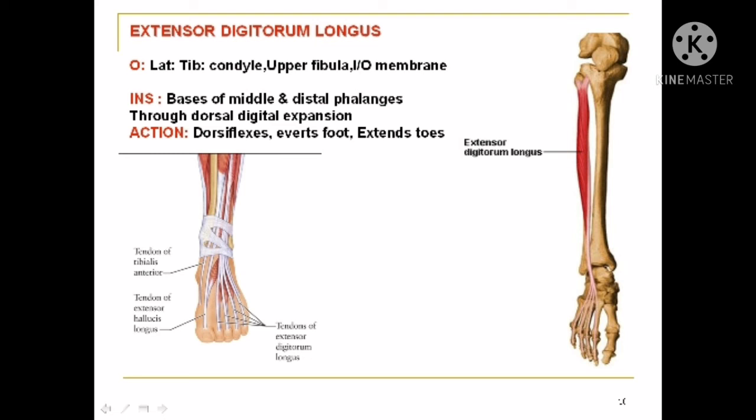It inserts upon the bases of the middle and distal phalanges after passing beneath the extensor retinaculum as is shown in the diagram on the left side along with other muscles' tendons, and inserts through dorsal digital expansion or the extensor expansion of the phalanges. Its action is dorsiflexion of the foot and extension of the toes and it everts the foot as well.